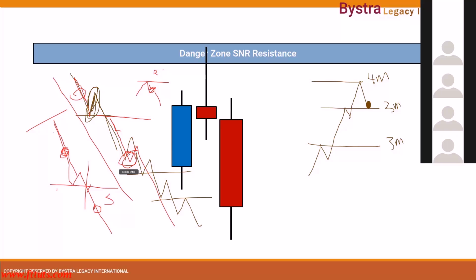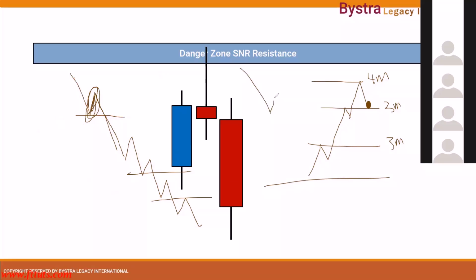It's a retracement area like that. What we normally call for SNR in this kind of case is a big movement. Then you have another big movement like this.